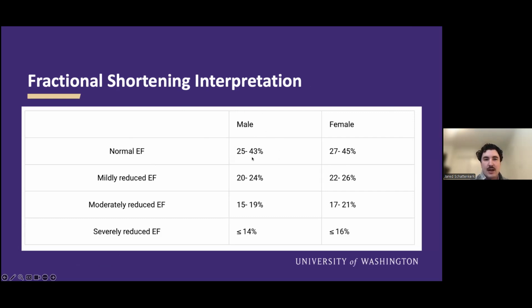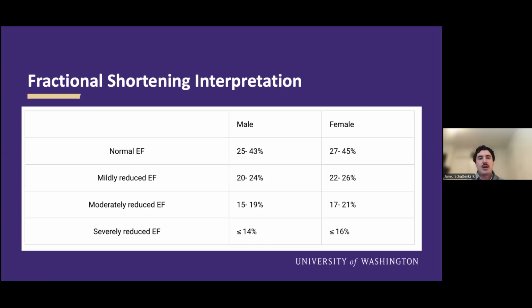But I usually think of it as, if it's greater than 25%, then they probably have a normal EF. 20 to 24% is mild, 15 to 19 is moderate, and less than 15 is severely reduced. And again, just like with the EPSS, there are potential confounders.